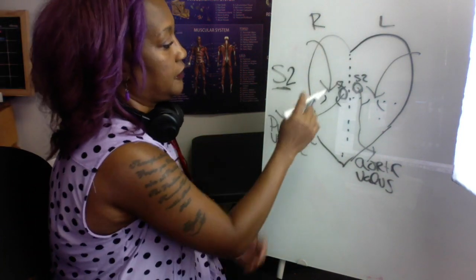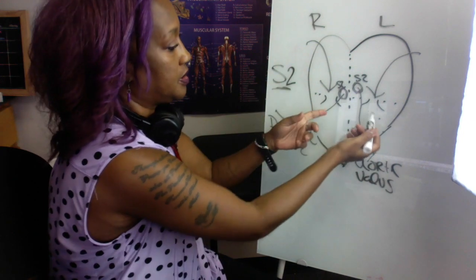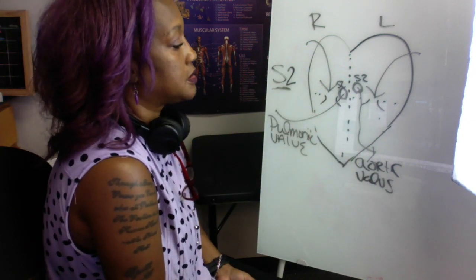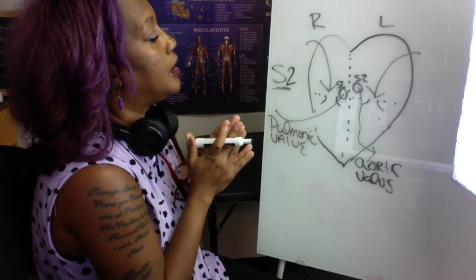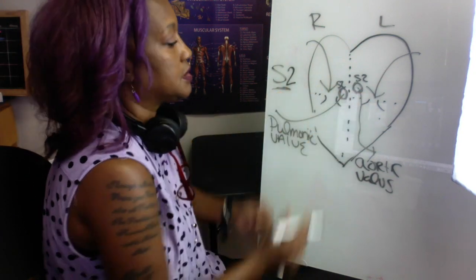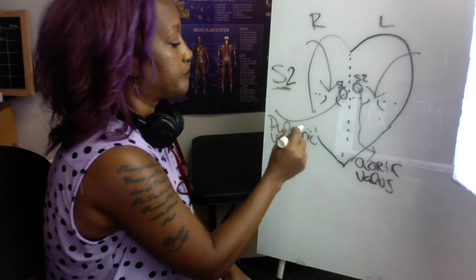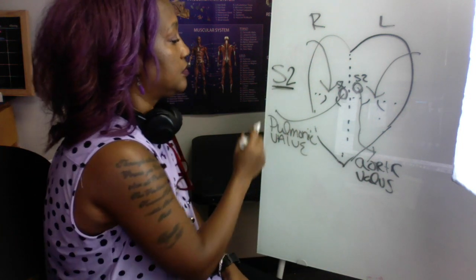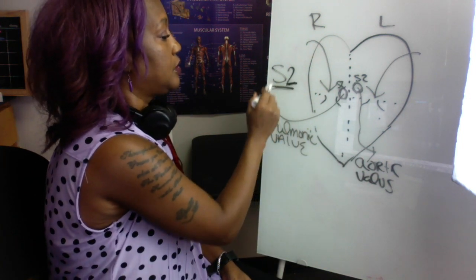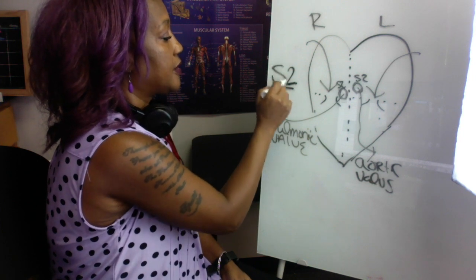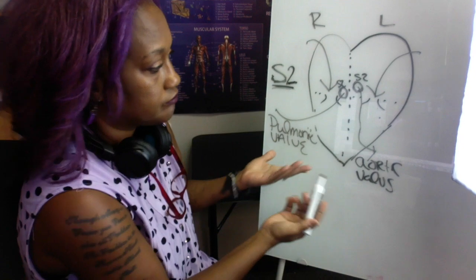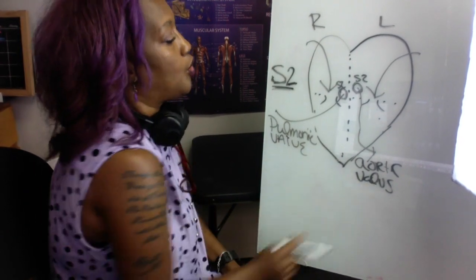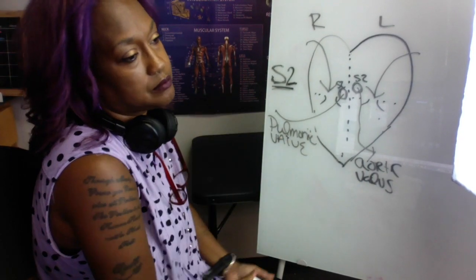So, if the S1, tricuspid and the mitral valve, is representative of the leaflets closing, what do you think this is? It's the same thing, right? The second sound, S2, the second sound you hear is the pulmonic and the aortic valve closing.